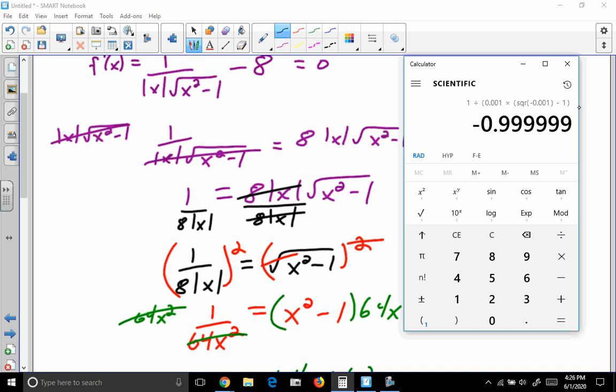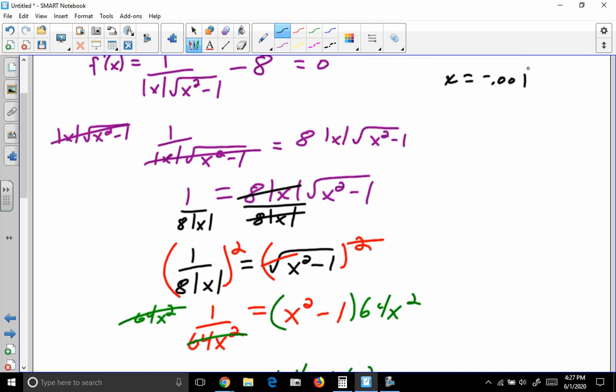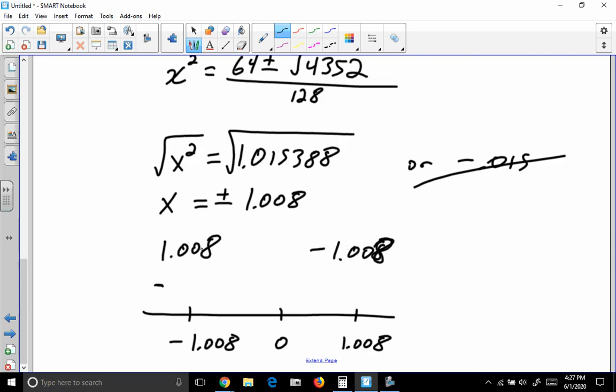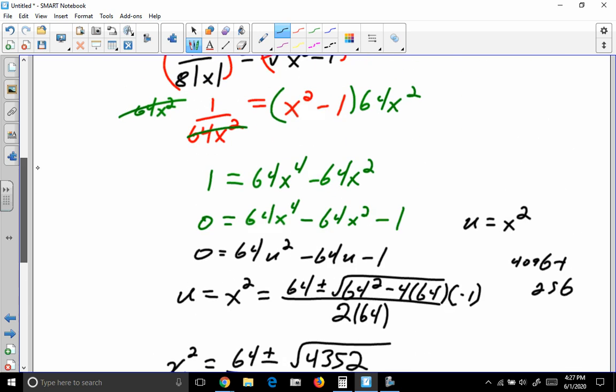Okay, because if we take the square root of that, that's invalid. So if we get to negative 1, we're also undefined at negative 1.